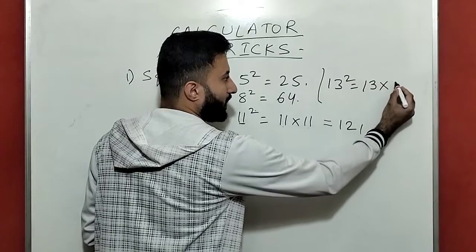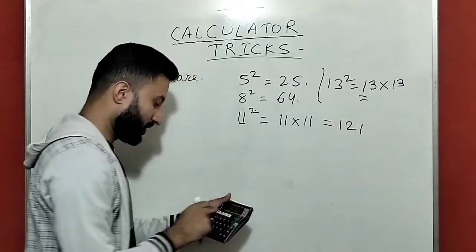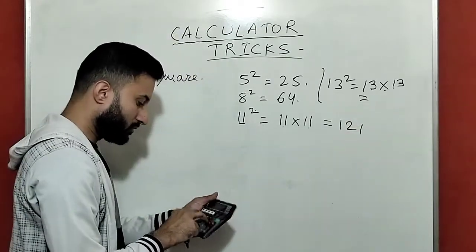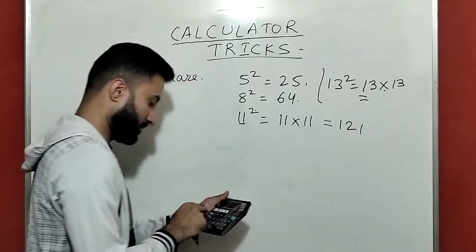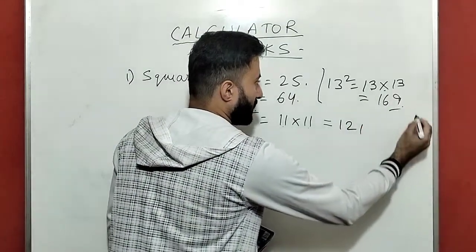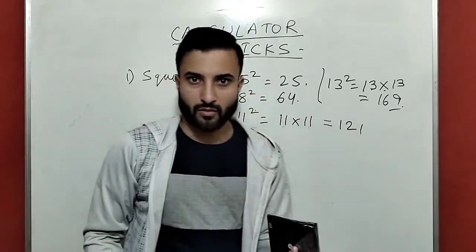So 13 into 13. In the calculator we write 13, then into, then 13. We get 169. I hope everyone knows how to find the square.